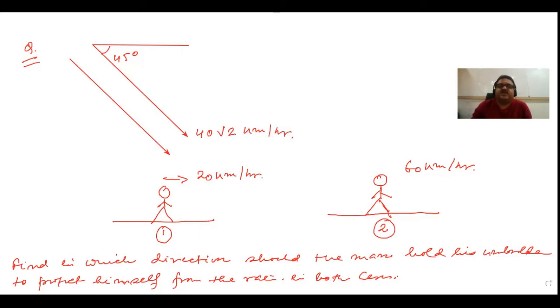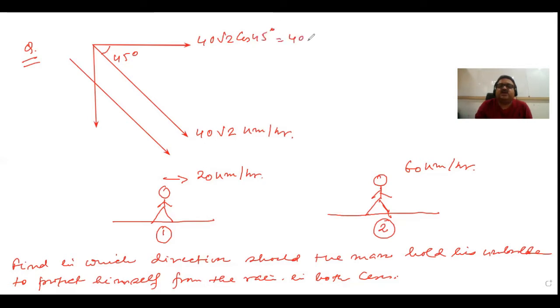So what to do? First, split the velocity of rain into components. One along this direction, other along this direction. Okay. And write down the velocity in i cap j cap form, correct? So this is 40 root 2 cos 45.